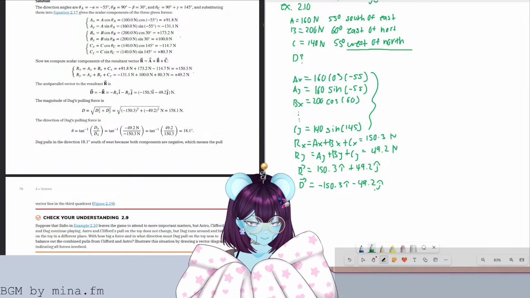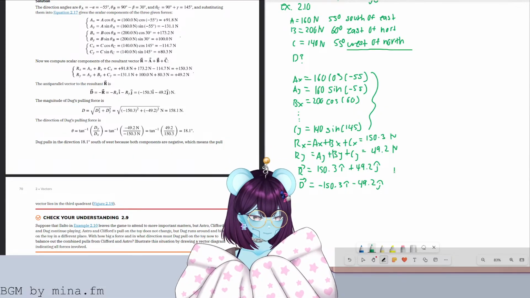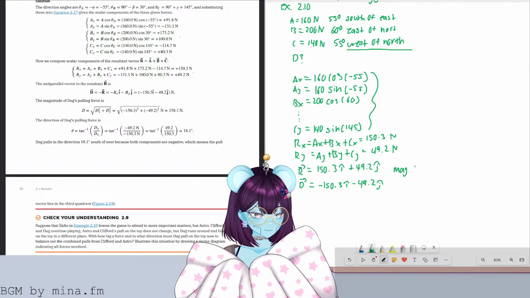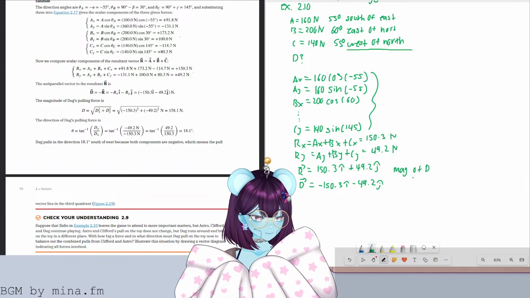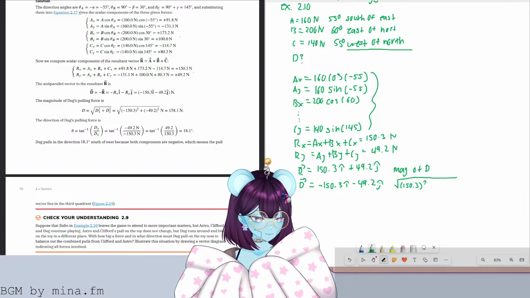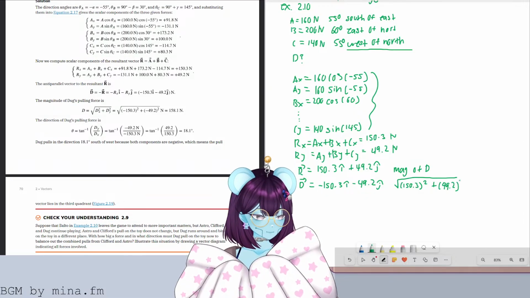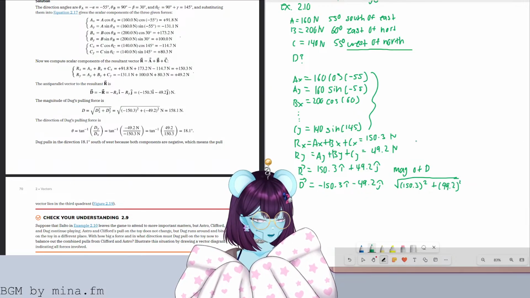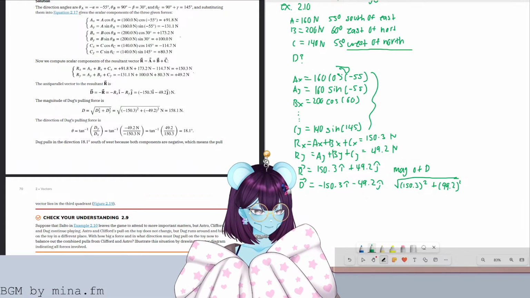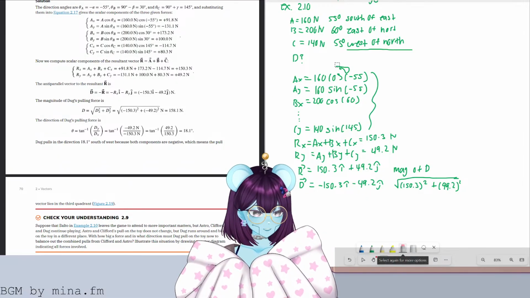To find the magnitude, it's just like the Pythagorean theorem, so the magnitude of D is 150.3 squared plus 49.2 squared. All of these operations are just trigonometry, where you want to find the hypotenuse.